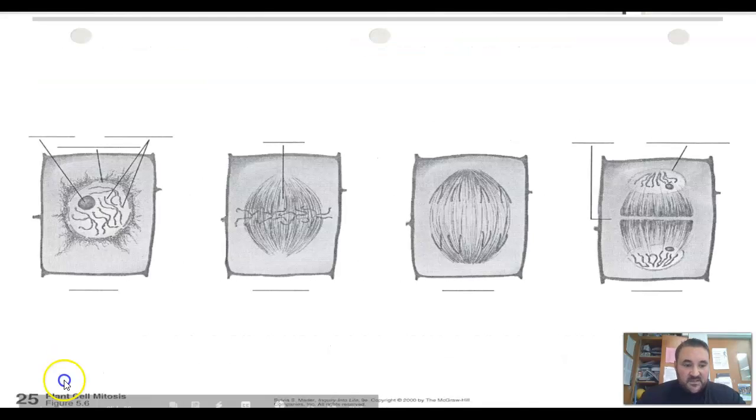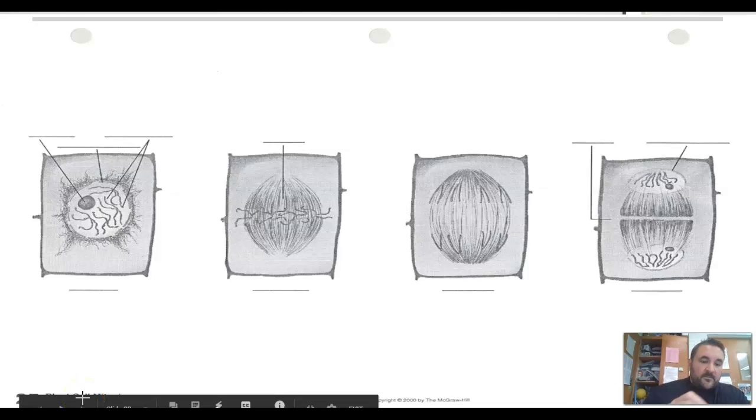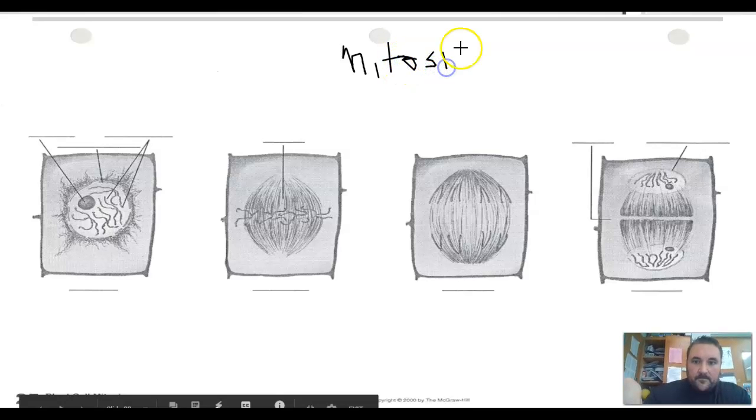So this is a picture of mitosis. This is actually in a plant, by the way. My little pen's not working very good today.